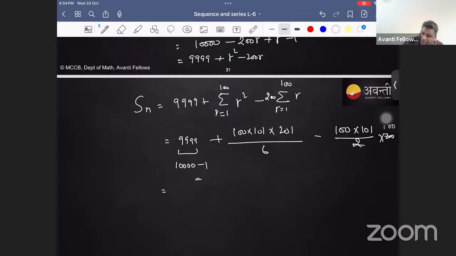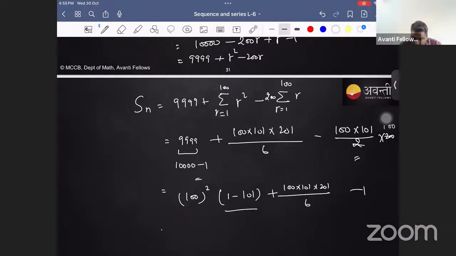So if I take 100 square common, I get 1 minus 101, minus 1 separate, and this is plus 100 into 101 into 201 upon 6.